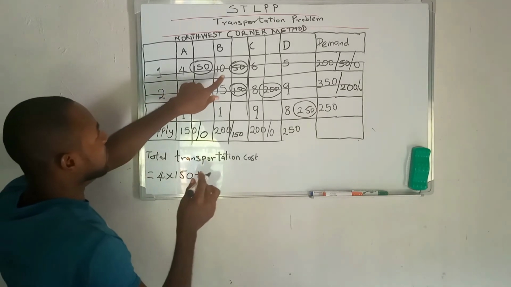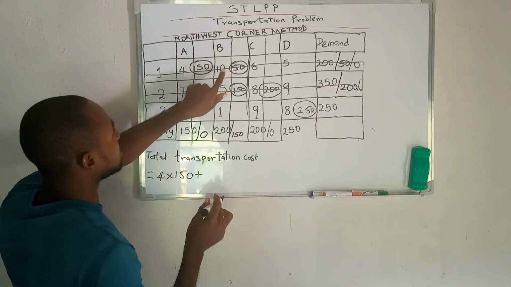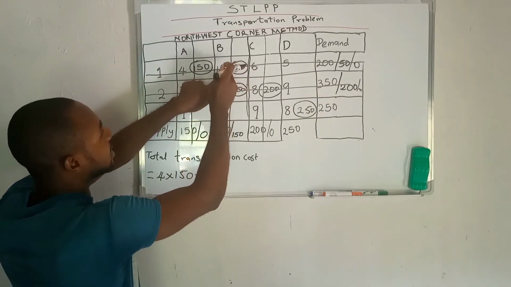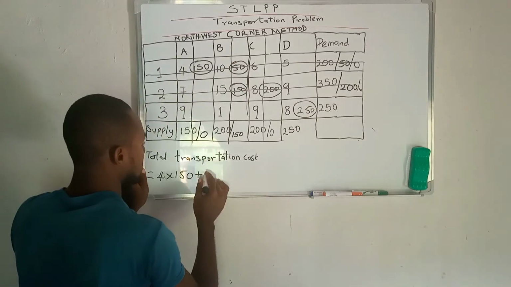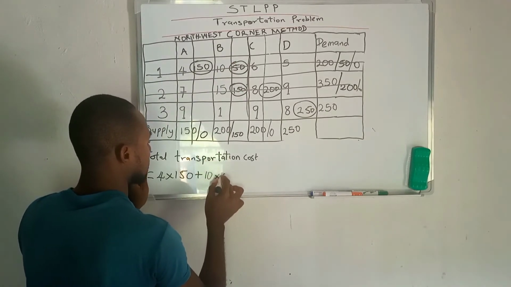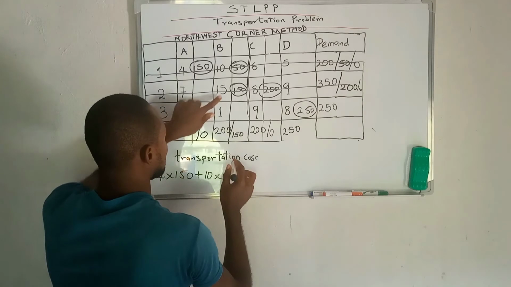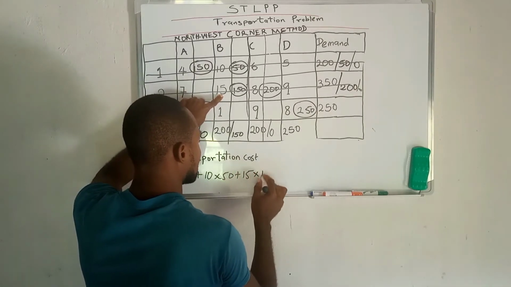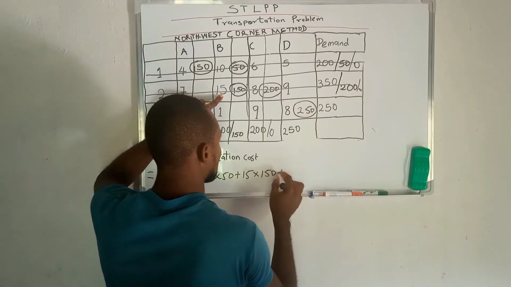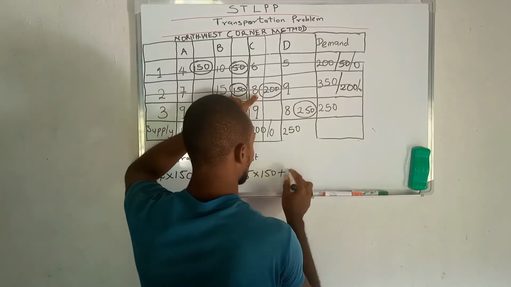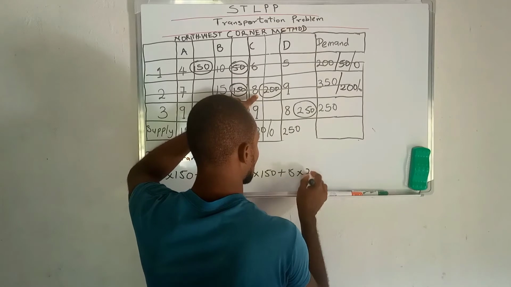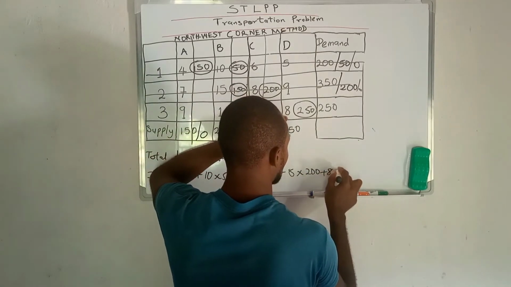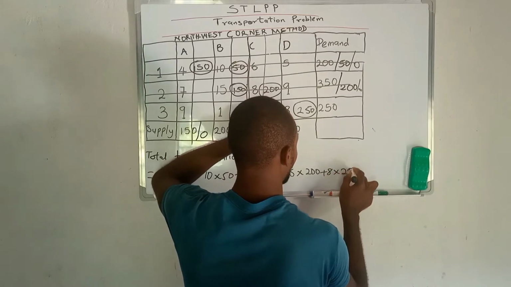plus, we transported 50 goods in B and we spent $10 for each good. So 10 times 50 plus, in this place we have 15 times 150 plus 8 times 200 plus 8 times 250.